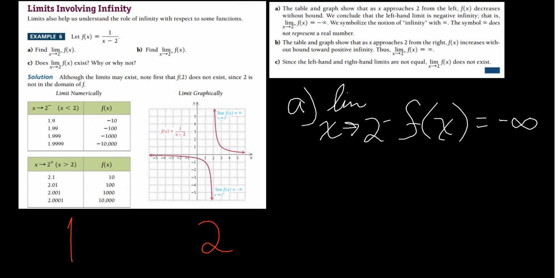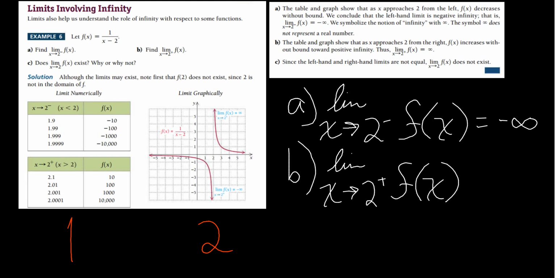And B, approaching it from the right side, we run into the same problem. We are approaching infinity.